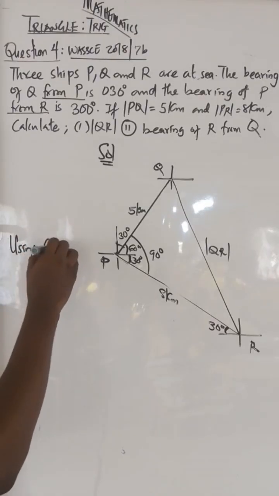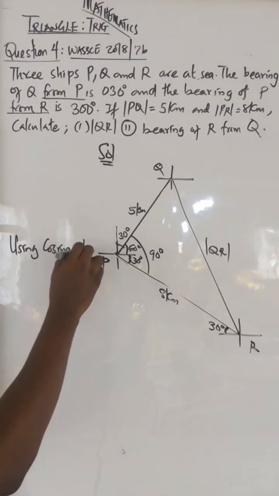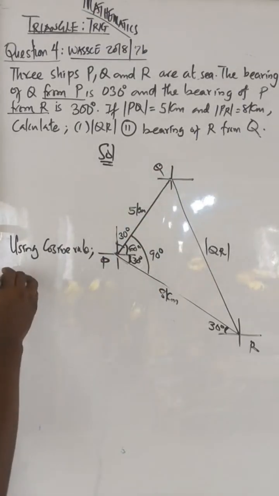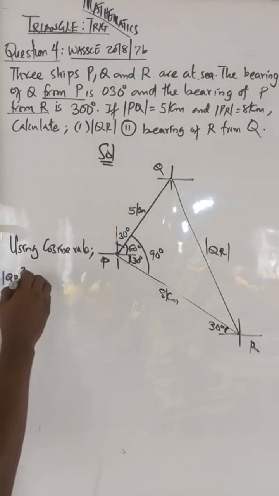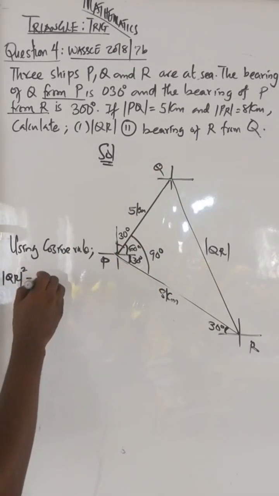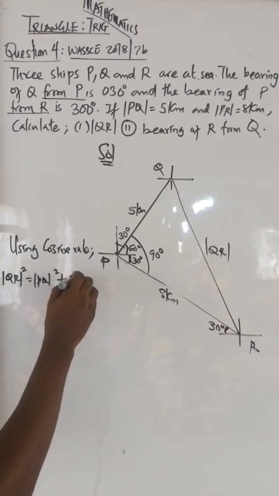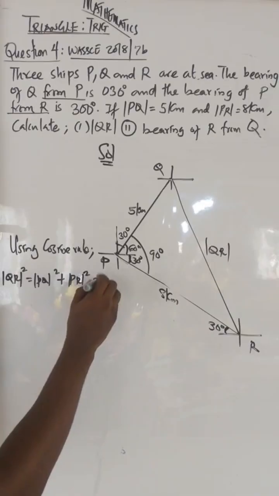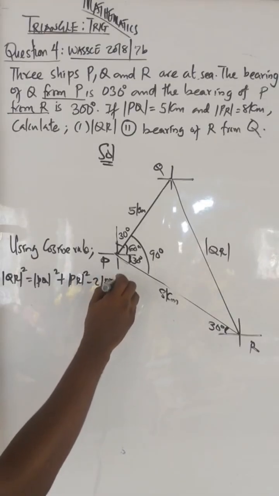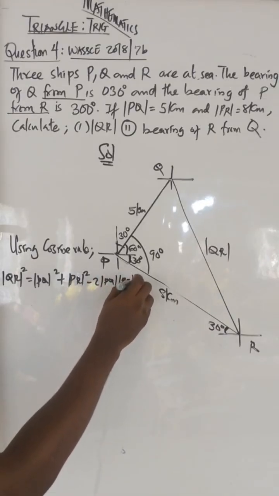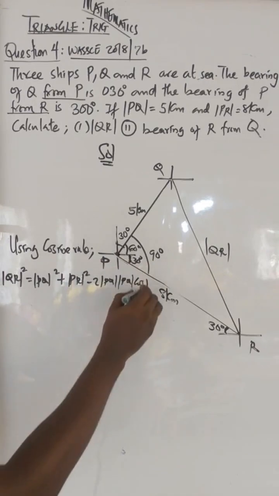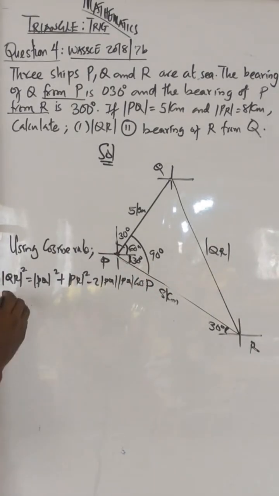Using cosine rule, QR squared equals PQ squared plus PR squared minus 2 PQ PR cos, what is the angle here? Cos P. We are looking for QR.